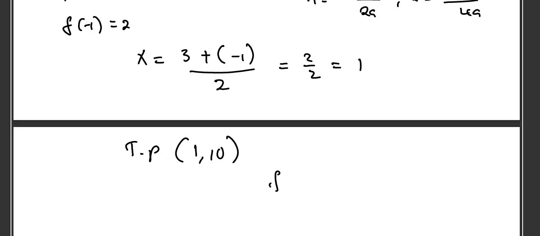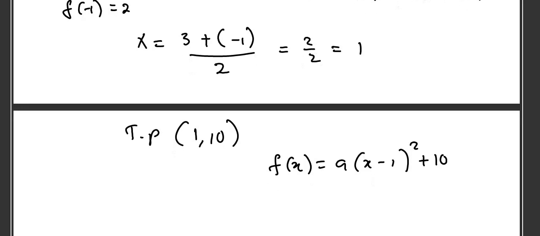So in short, our equation is the same as a, x minus 1 squared, then here we're having plus 10, because it always has to be the middle point. And we can simply use this now to get the other expression, because we need to know the value of a, right? They said f of 3 is equal to 2, so we can say 2 equals a.